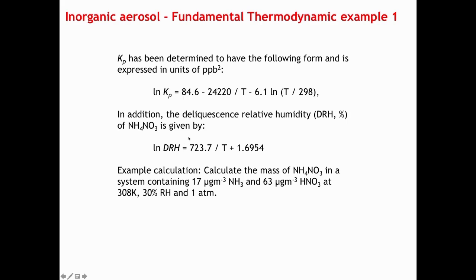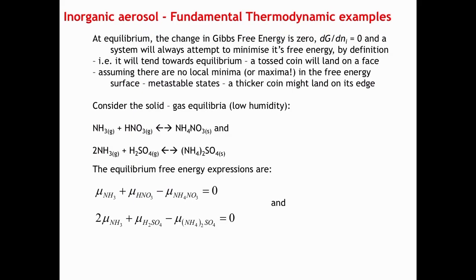And also in the lab, you can measure the deliquescence relative humidity. So what's the deliquescence relative humidity? What's it defined as? Well, it's the point at which you start taking water on. So if you look at this expression here, these two expressions apply when there's no water. Okay?